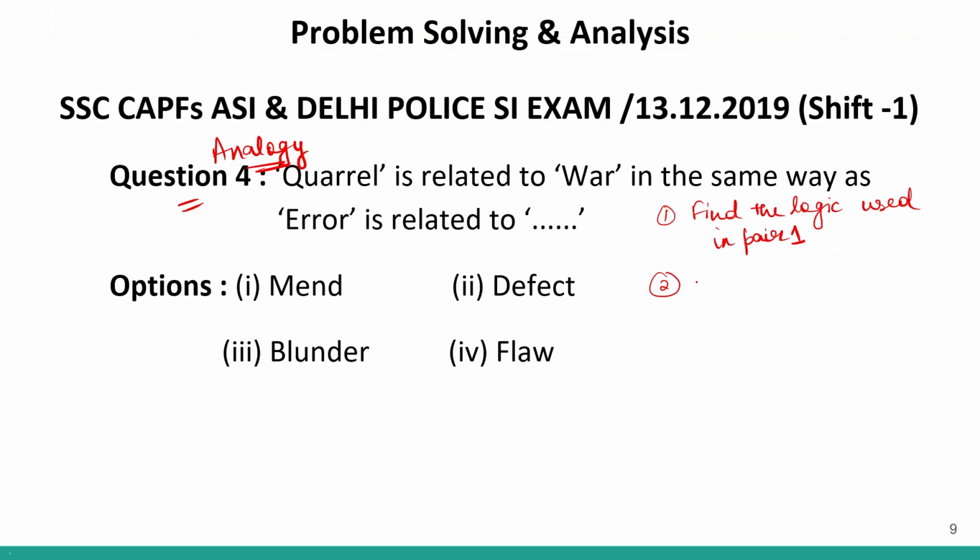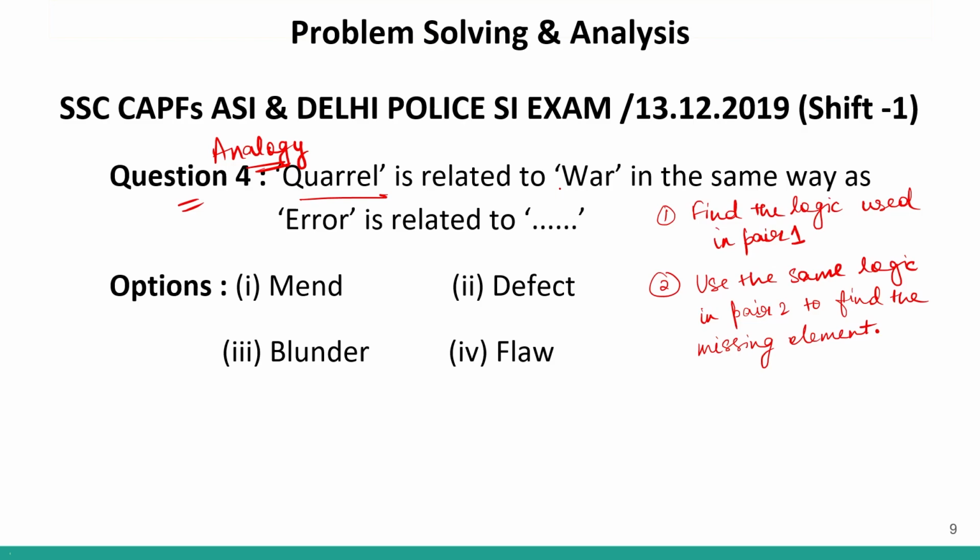And then use the exact same logic in pair 2 to find the missing element. So this is how you solve a question for analogy.